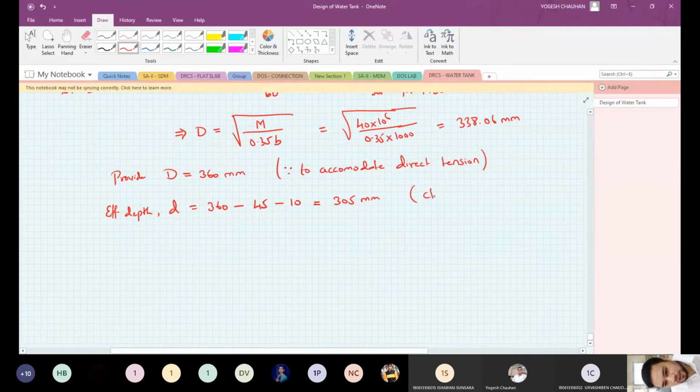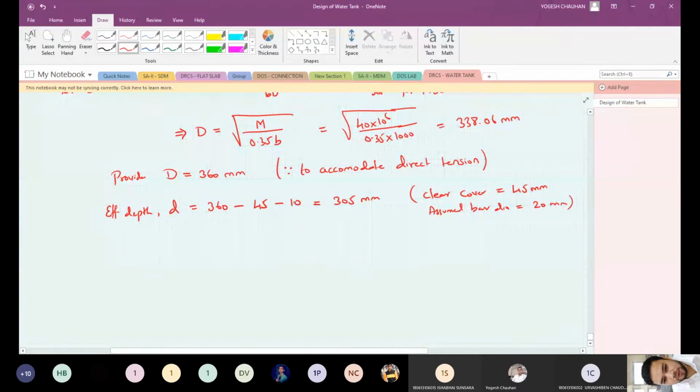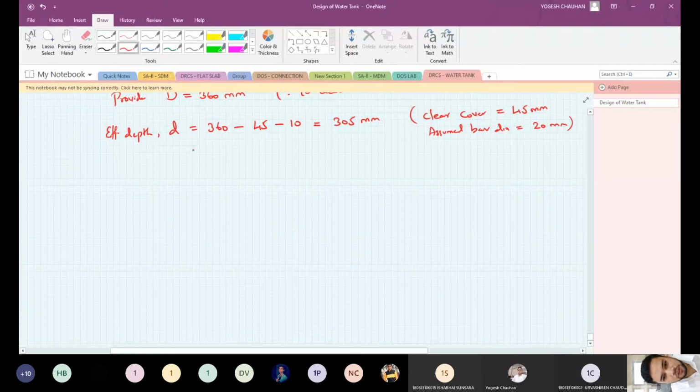Clear cover is equal to 45 mm, and assumed bar dia is equal to 20 mm. This can be lower also, but as a trial we are taking higher bar dia, so that we reduce the effective depth, so we get conservative value of the steel.